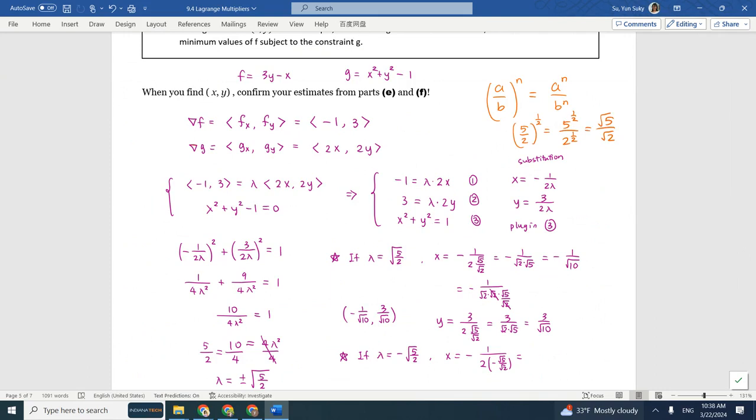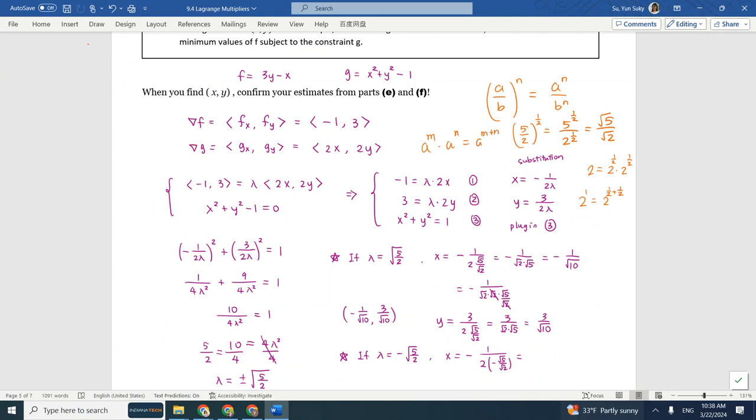Now, how did you get rid of the 2? Okay. So here, 2 is like 2 to the 1/2 times 2 to the 1/2. How about 2 is like 2 to the 1? And 1 is 1/2 plus 1/2. And a to the m times a to the n is a to the m plus n.